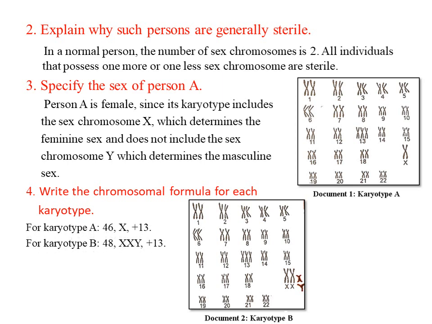While karyotype A, normal number of chromosomes is 46, okay, missing one X, then it's 45, extra chromosome 13, then it's 46 chromosomes, X due to the presence of one X chromosome, plus 13 due to the presence of extra chromosome 13.